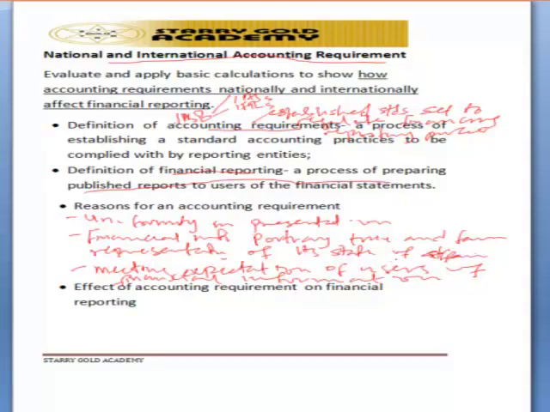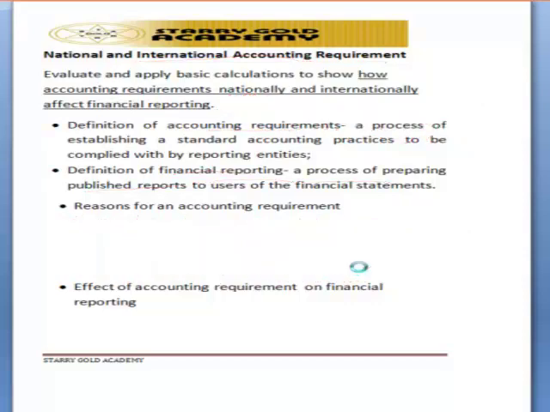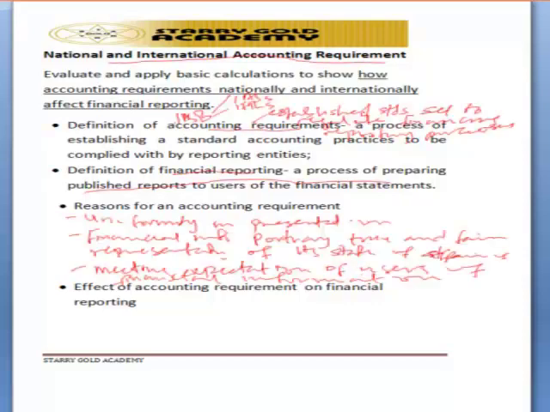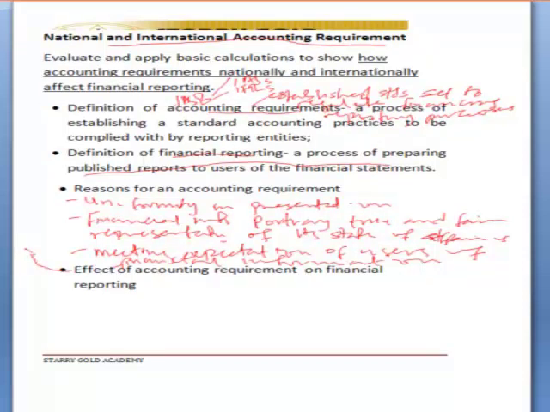It is when it becomes useful to a selected set of users that it becomes valid information. So one of the reasons for accounting requirements is that they need to make sure that the expectations of users of the financial statements are met. And how do you meet the expectation of users of financial statements? You meet the expectation of users of financial statements by the concept of what we call transparency in figures.